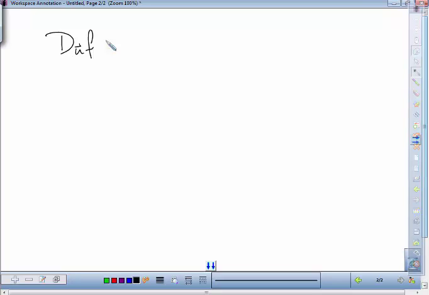What does this mean? So the directional derivative of f in the direction of u. And we saw that this thing is equal to the gradient of f dotted with u, provided that u is a unit vector.